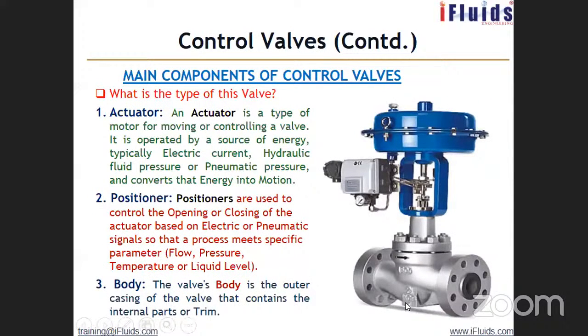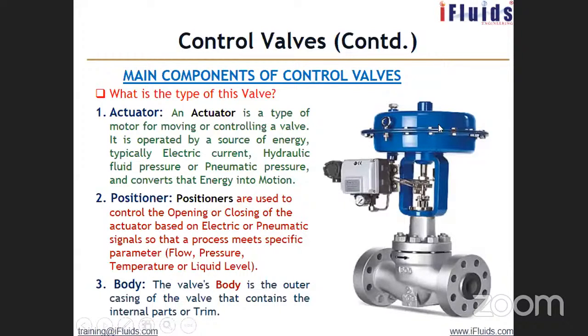You can see from the outside that this is a globe valve. The outside of the casing itself shows that the flow comes here, takes a direction change, and then goes out like this, correct? So if you see the body shape like this, you can say it is a globe valve.